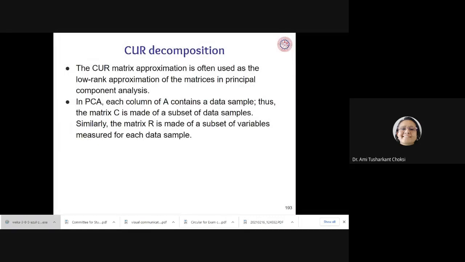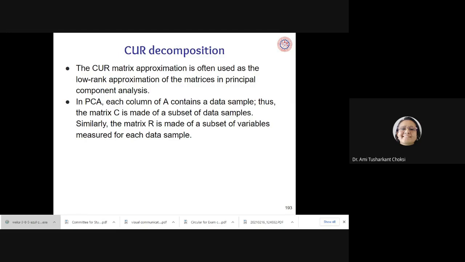The CUR matrix approximation is often used as the low rank approximation of the matrices in principal component analysis, right? PCA, which we just have seen before this one, right?